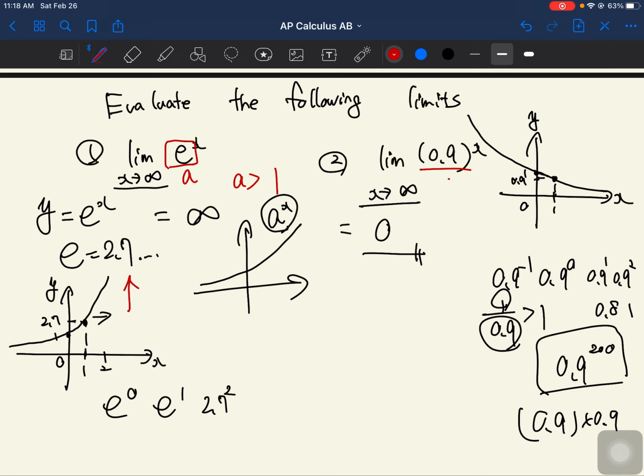But on the other hand, if this value is smaller than 1, the graph is going to be, I'm sorry, it's so ugly, like this. So when you want to find the limit of some exponential functions, this value, which is called the base, is really important. That's all.